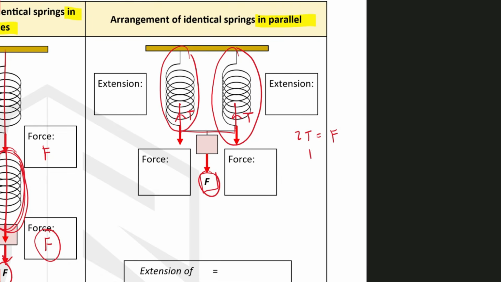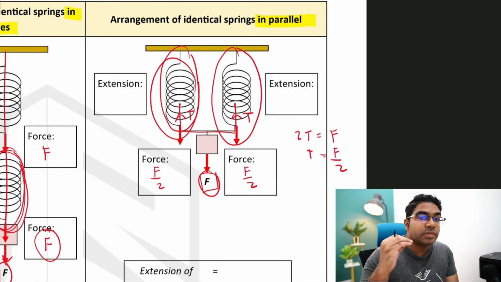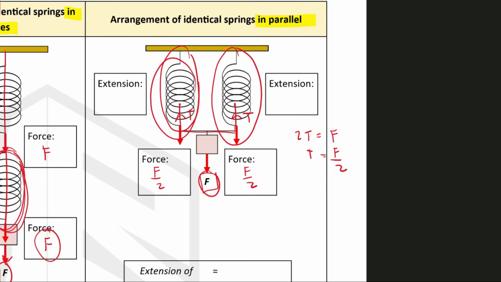And so the tension force is actually half the force, which means the force experienced by each spring is F over 2. And when the spring experiences a force of F over 2, since F is directly proportional to X, the extension will reduce by the same rate. So X over 2 as well.